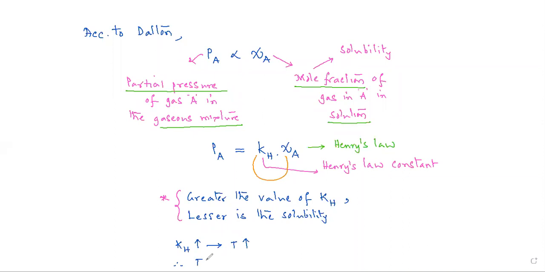Therefore, with increase in temperature, the solubility decreases, isn't it? Because KH and solubility are inversely related. But with increase in temperature, KH increases. So when temperature is increased, solubility decreases.